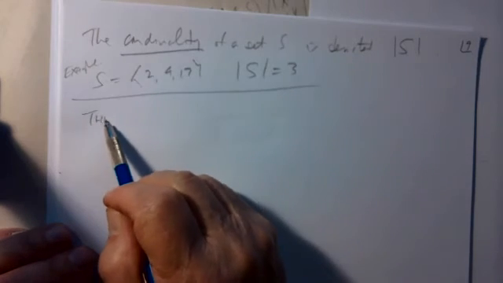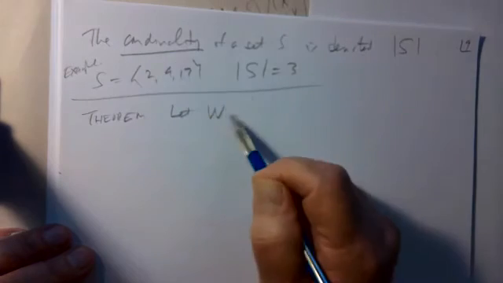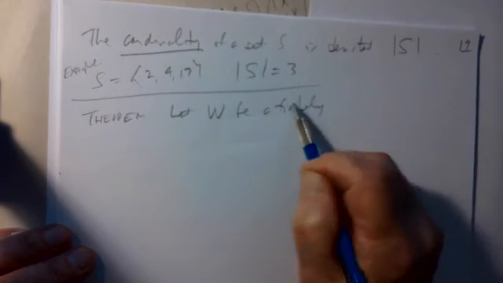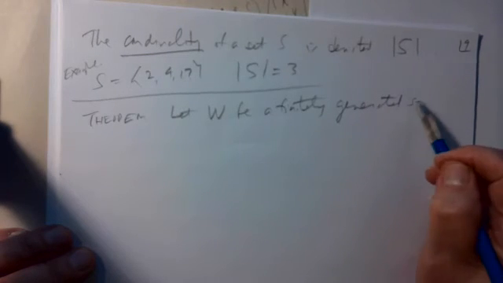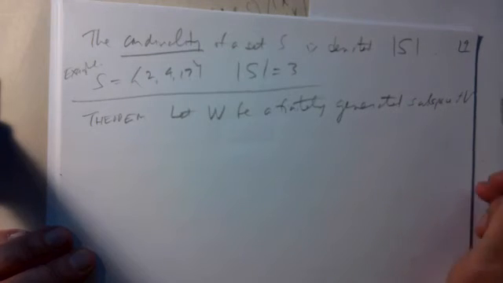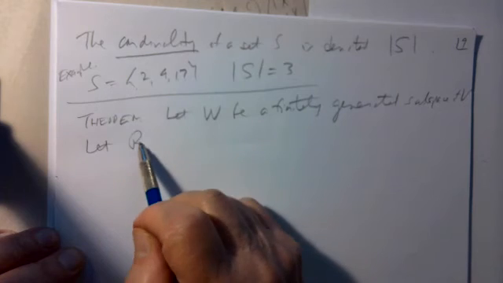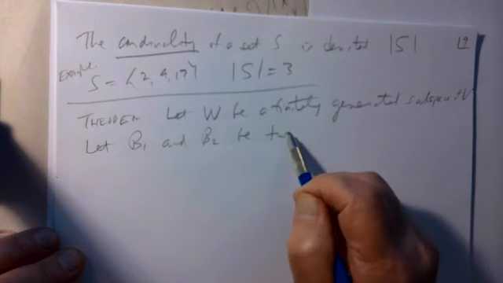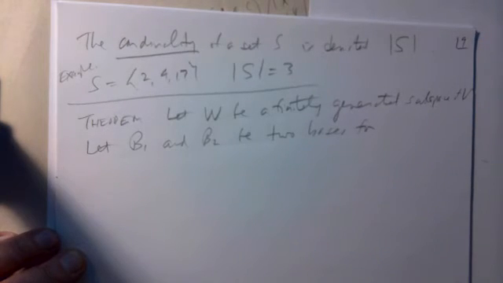So here is our theorem. It says, let W be a finitely generated subspace of a vector space V. Let B1 and B2 be bases for the subspace.